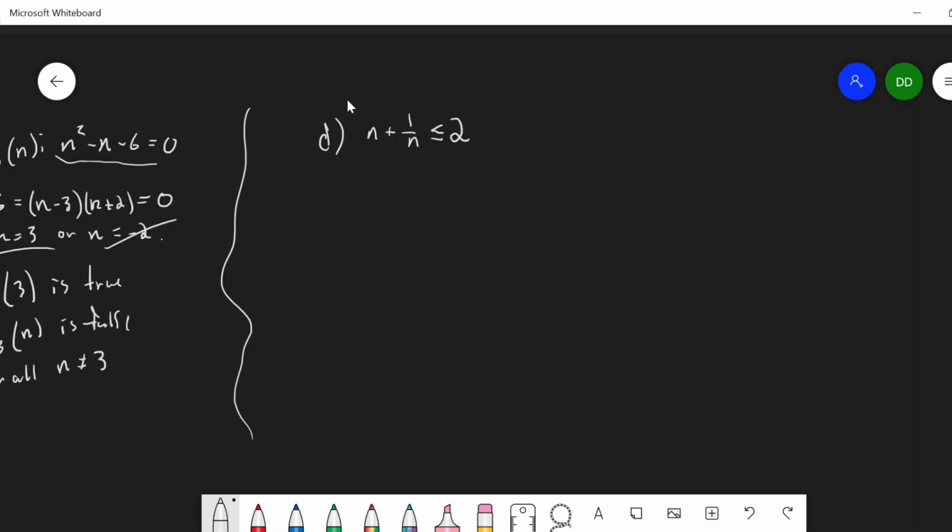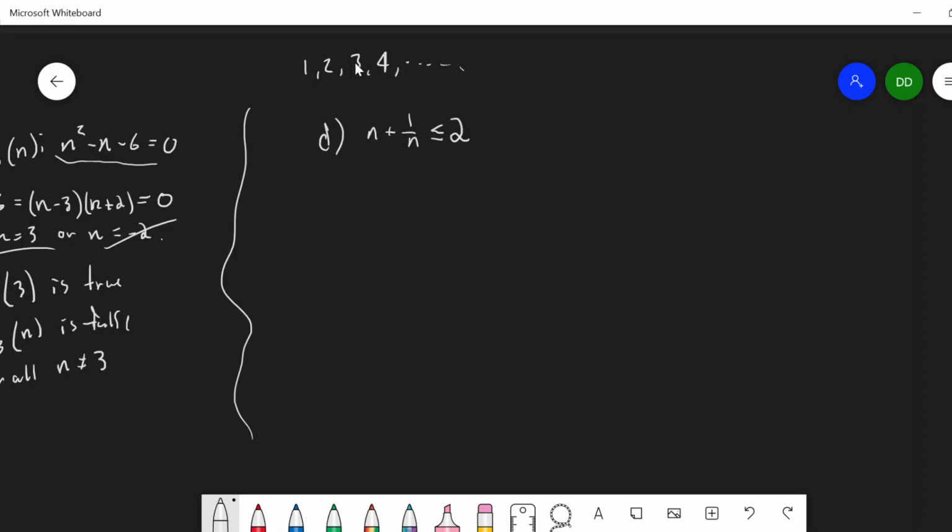So one thing to note here, right, we could list the positive integers that this could possibly be, like 1, 2, 3, 4, the counting numbers, and up. Notice that n is an increasing function, but 1 over n is not an increasing function. And so as soon as I have n equal 2 here, I'd have 2 plus 1/2, which is 2.5, which is not less than or equal to 2.